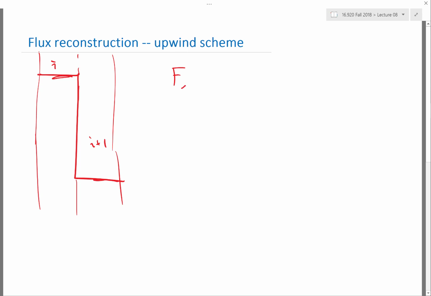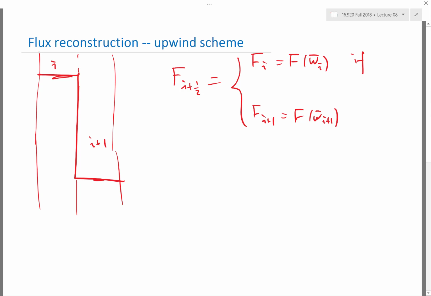So the upwinding scheme says the flux at i plus half should be either F_i or F_{i+1}, which is equal to F, the flux function, evaluated just on the cell averages, depending on whether the shock wave is moving left or right. So I'm going to be taking the left value if the shock wave is moving towards the right. And how do we tell? How can we tell if the shock wave is moving towards the left or right?